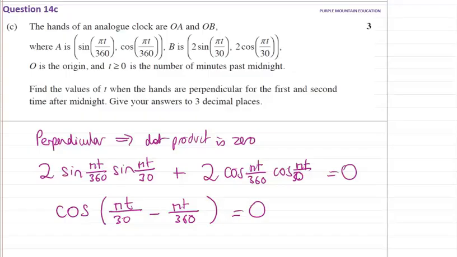So if I was to simplify that fraction in there, to turn 30 into 360, I've multiplied by 12, so multiply the top by 12. So it must be cos of 11 pi t on 360, which equals 0. All right, let's think about all the times when cos of an angle equals 0.